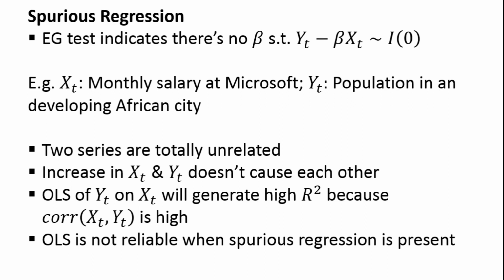But ordinary least squares of yt on xt will generate a high R squared because the calculated correlation between the two variables is high, but ordinary least squares is not reliable when spurious regression is present.